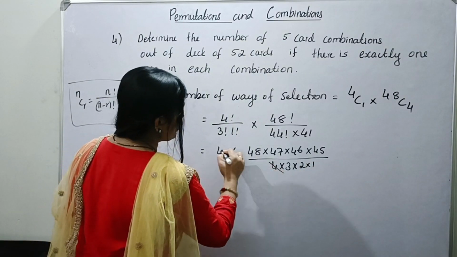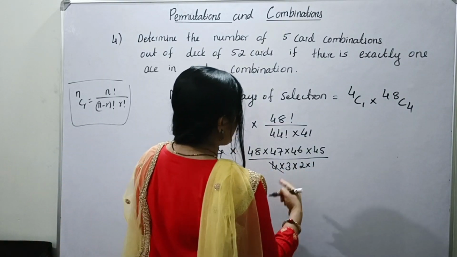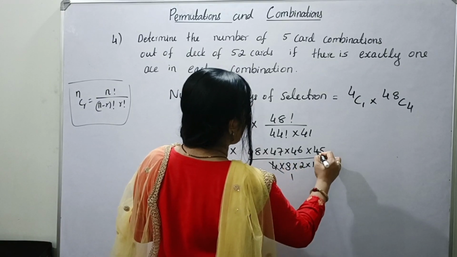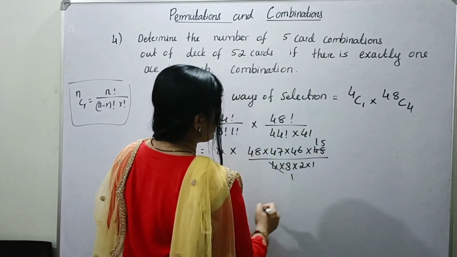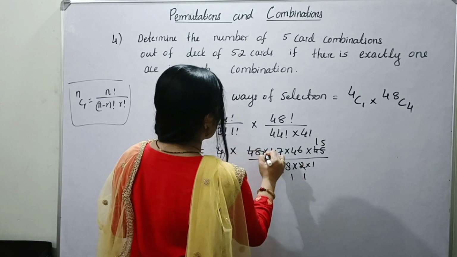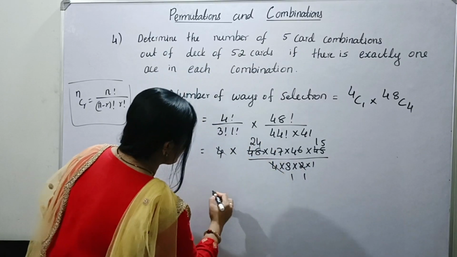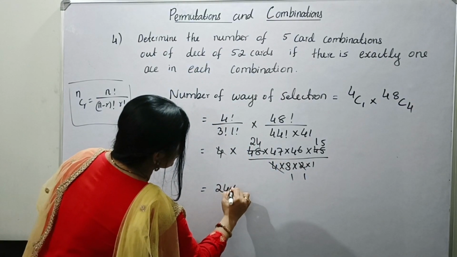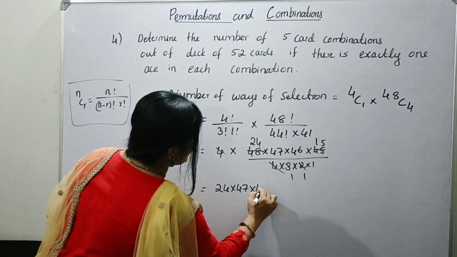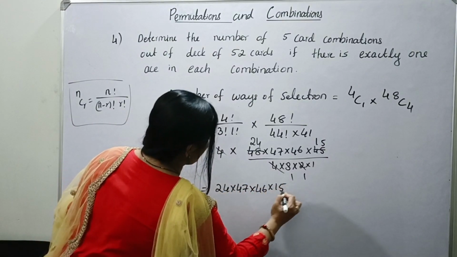So this 4 cancelled. Next 3 ones are 3, 15. Next 2 ones are 2, 24. So remaining 24 into 47 into 46 into 15.